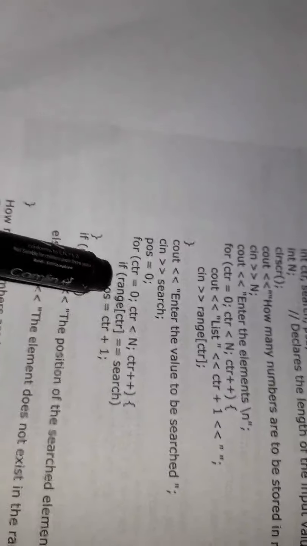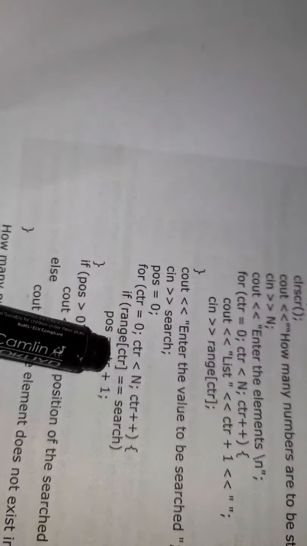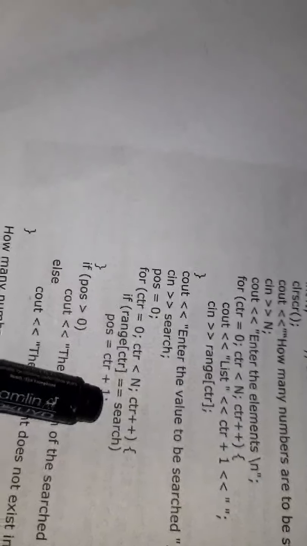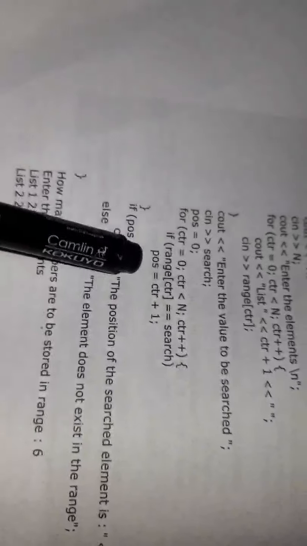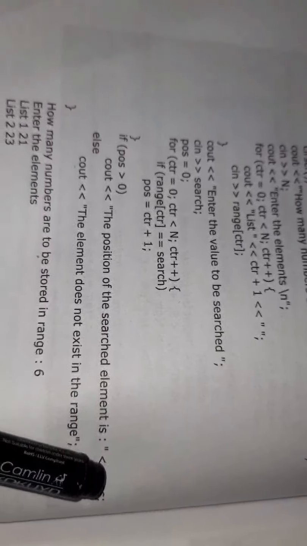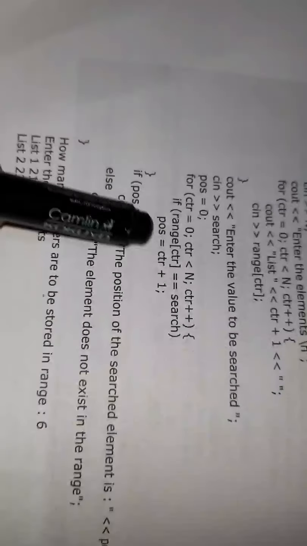Yes, so the position will be incremented, 7 plus 1, 8, okay. So that will be compared with this if, 8 is greater than 0, the position of the search element is, okay, so that variable will be displayed, 8, okay.